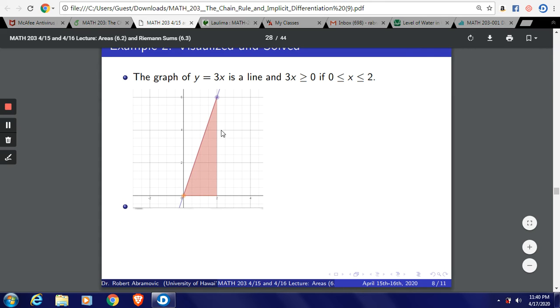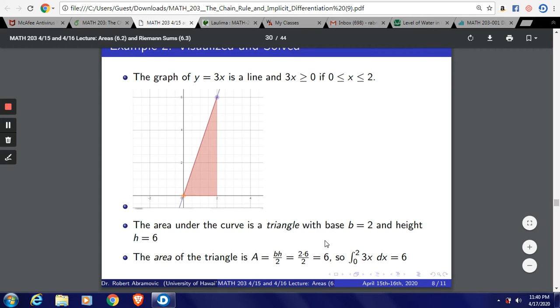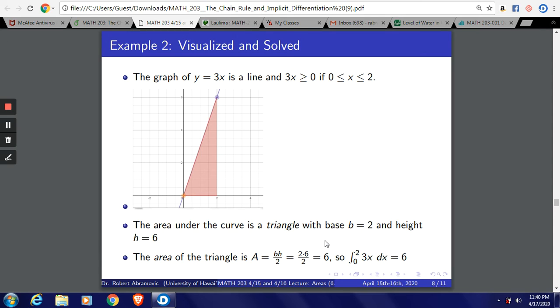Its base is 2 and its height is 6. So the area of a triangle, if you recall, is the base times height divided by 2. 6 times 2 is 12, divided by 2 is 6. So we conclude the area under the curve y equals 3x from x equals 0 to x equals 2 is 6. Or equivalently, the definite integral from 0 to 2 of 3x dx is equal to positive 6.